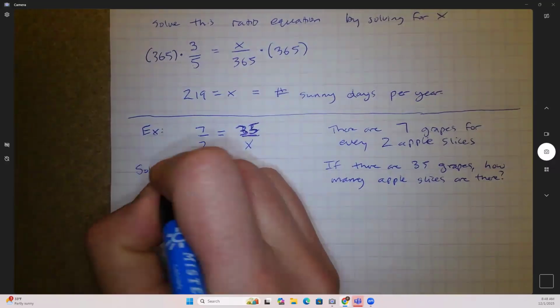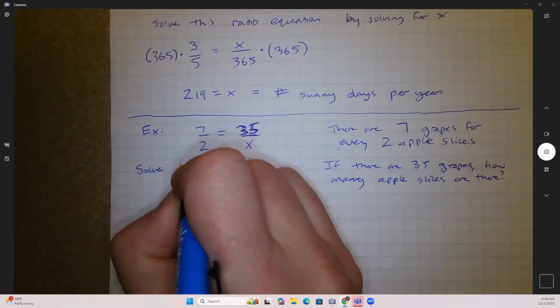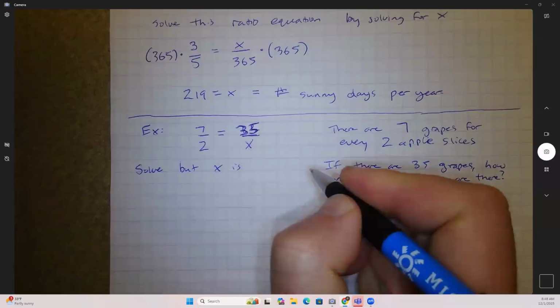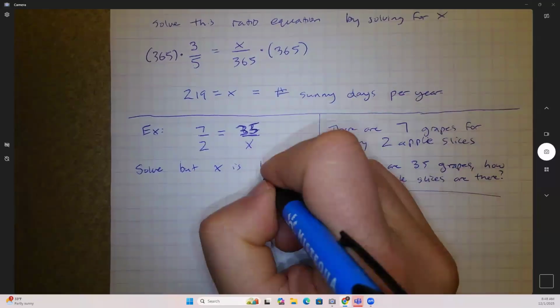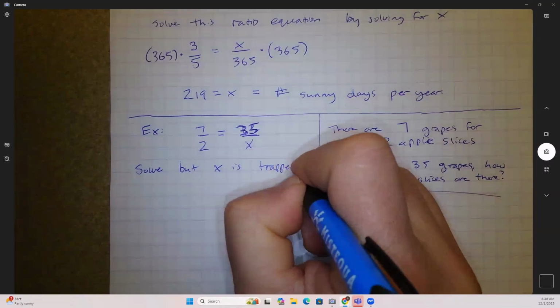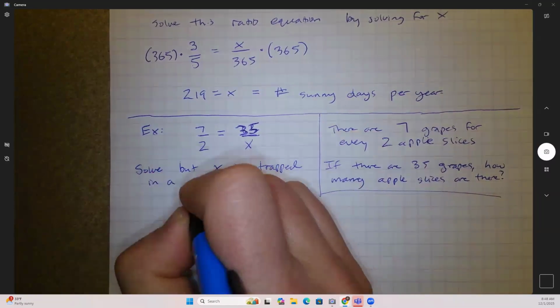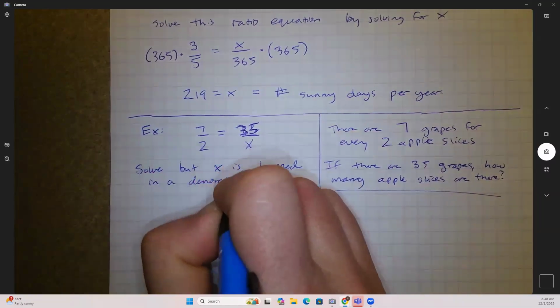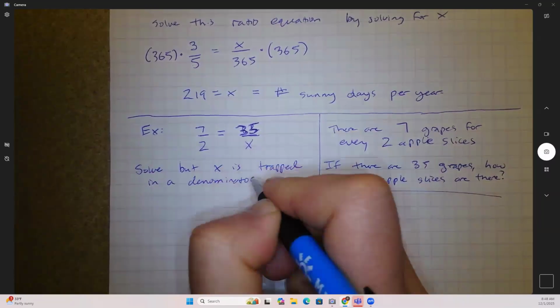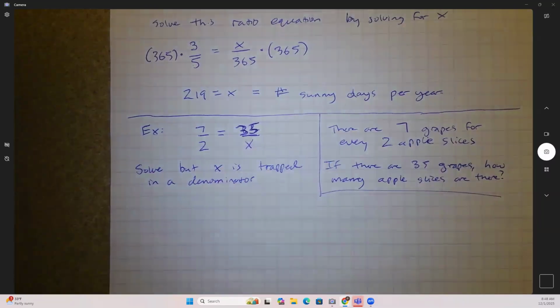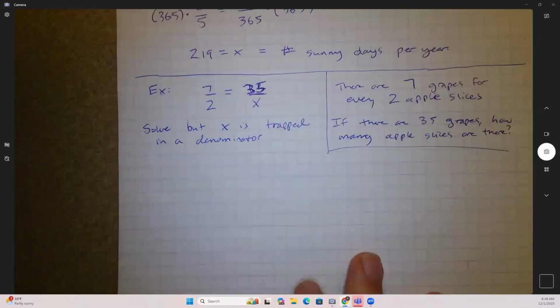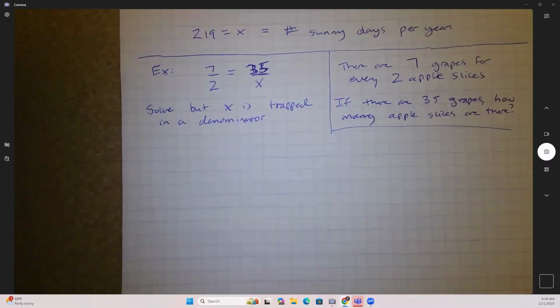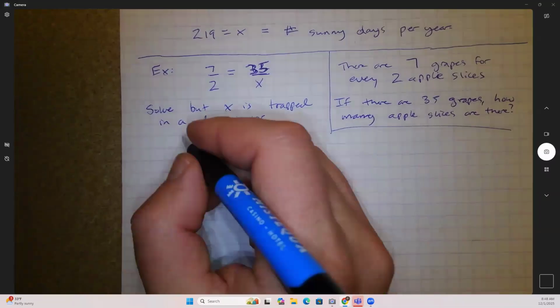Well, we still need to solve, but x is trapped in a denominator. There are 2 ways to get x out of the denominator. One is using basic algebra, the other is using logic. So I'm going to demonstrate both.